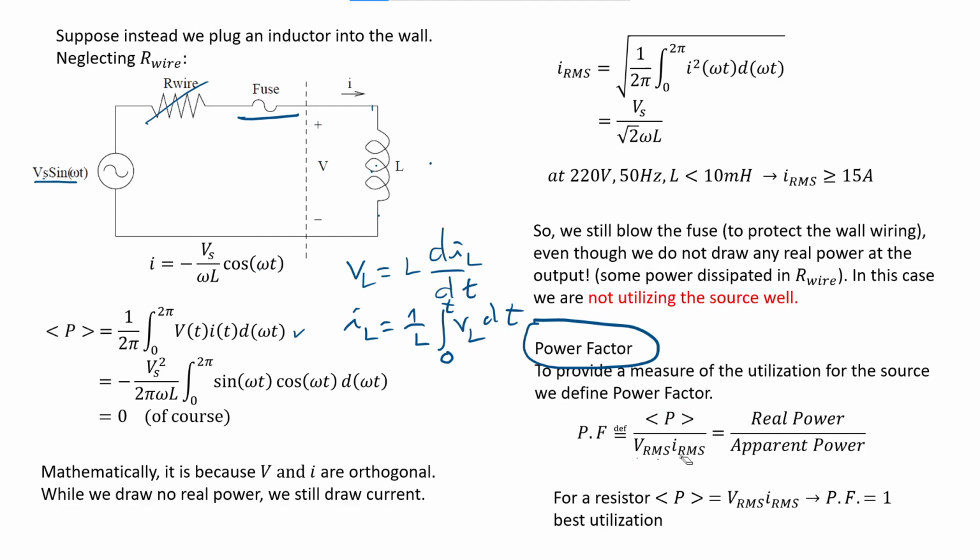What is apparent power? Apparent power is the ability that the source can provide, the power that the source generates. And average power is the power that is dissipated by the resistor.